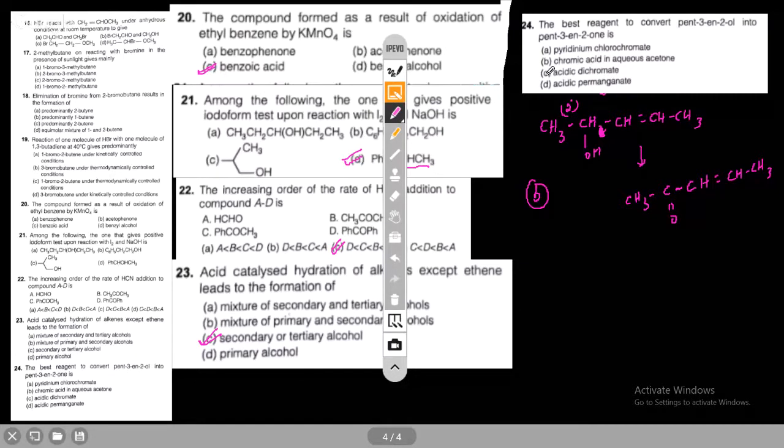Oh, it's given in NCERT also, Ritvik. Fine. So option B is correct, right? Yes or no? Tell me. Option B is correct.